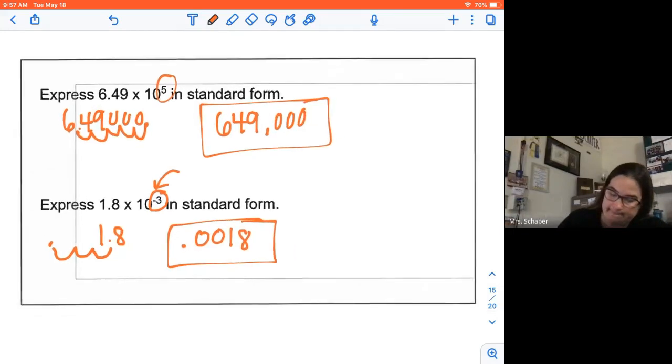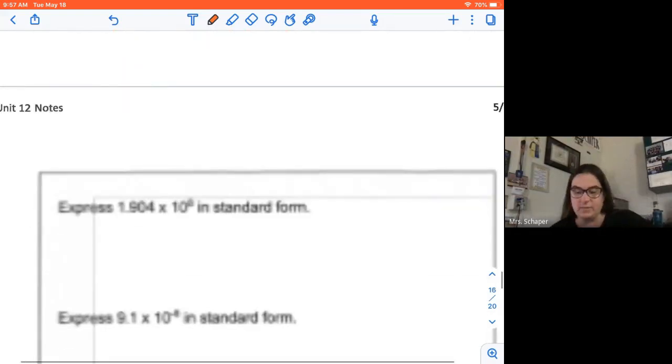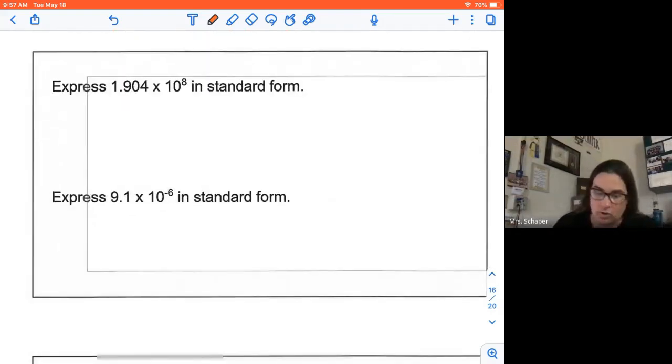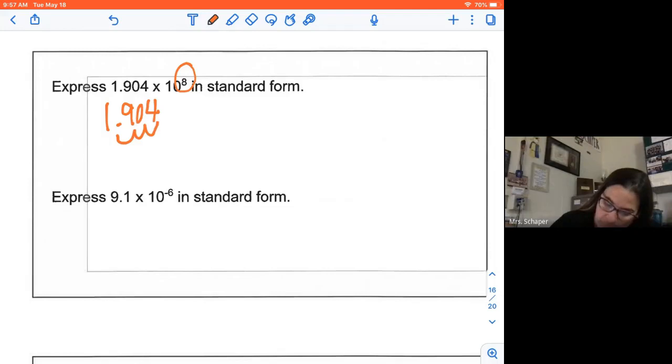Okay. All right, we're going to write this one in standard form. It's a positive 8. That means I move the decimal 8 spots to the right. So I start at 1.904. Here's my decimal, 1, 2, 3, 4, 5, 6, 7, 8.